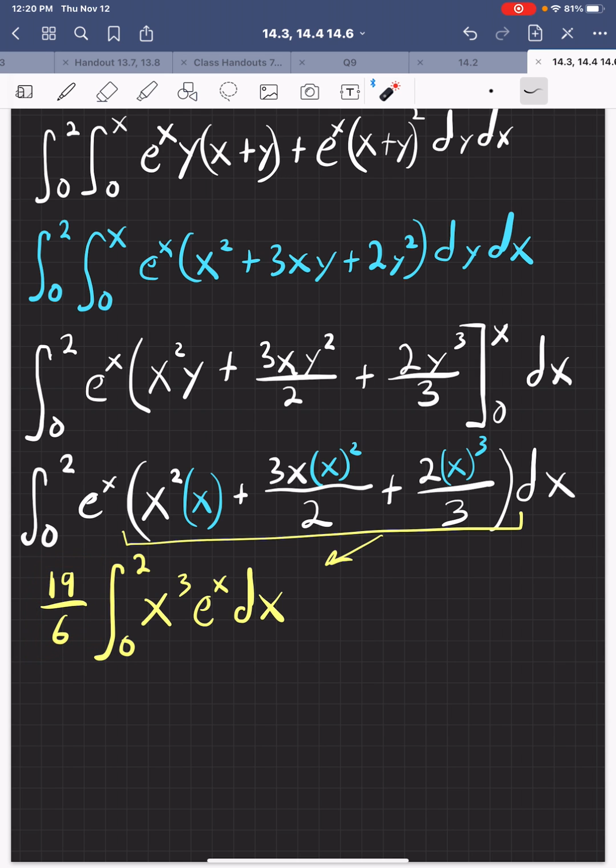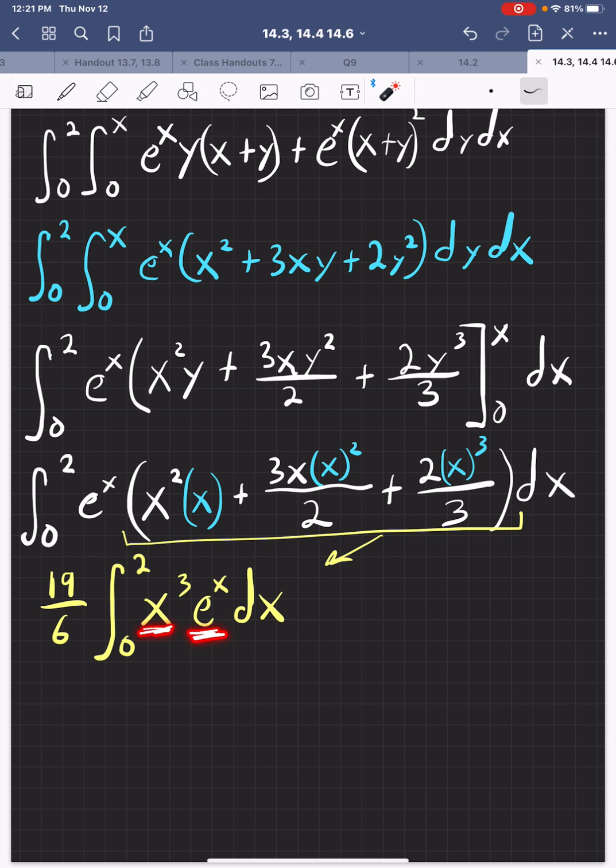Okay? So one more round of integration now with respect to x. We have to make sure we understand that this is a product, right? Although the bounds in this last round of integration are really easy, the integration part will take a second, because you're integrating with respect to x, and you have x cubed times e to the x.